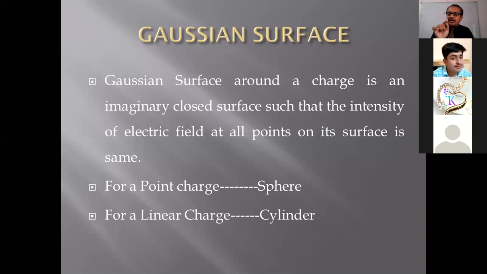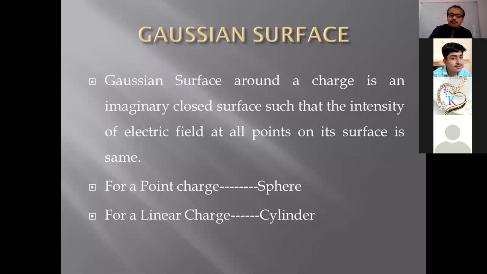So as I had told you earlier also, same thing is written here. For a point charge, the Gaussian surface will be a sphere. And for a linear charge, the Gaussian surface will be a cylinder. Now, Gauss theorem was phi is equal to what? 1 over epsilon naught times q.